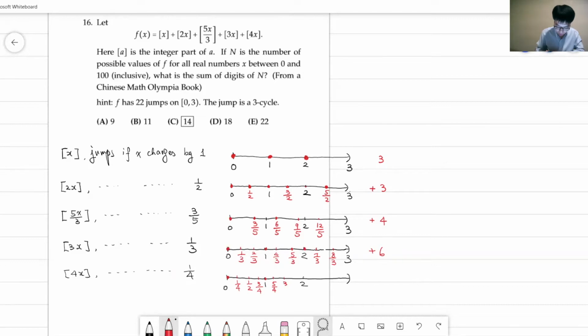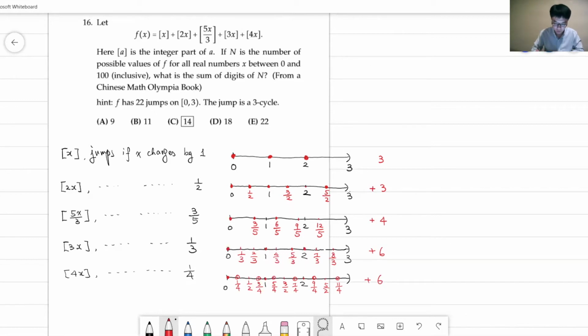Oh, sorry, 5 over 4 is new, but 6 over 4, which is 3 over 2, is counted. And then 7 over 4 is new. And then 2 is old. 9 over 4 is new. 10 over 4, which is 5 over 2, that's old. 11 over 4, that's new. So we have these numbers are new. They are purely a multiple of 1/4, which is not a multiple of 1/2. So totally we have 6 new points.